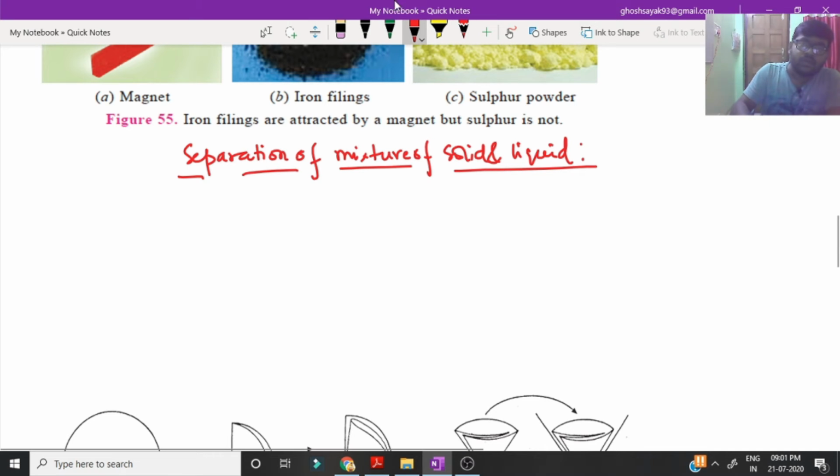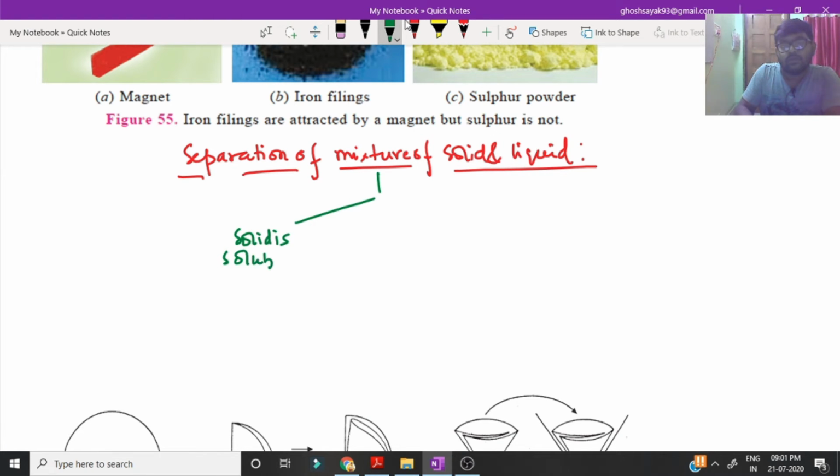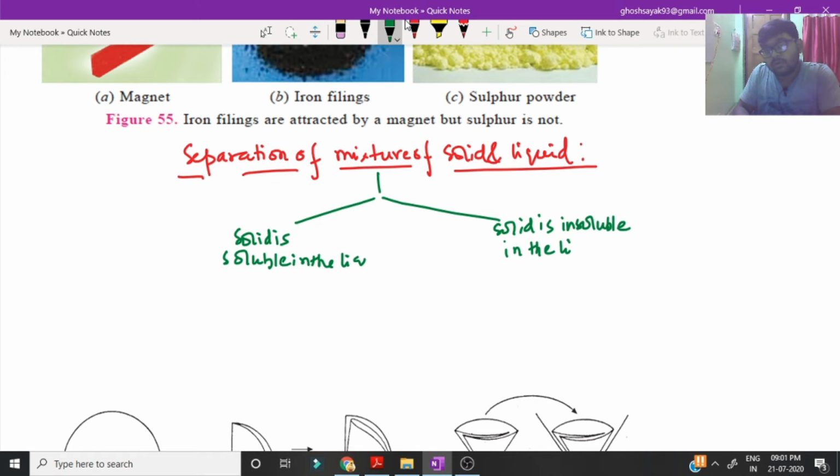For example, we will get a type of mixture where the solid is soluble in the liquid, right? You can get a different kind of mixture where the solid is insoluble in the liquid, right? Example of the first category: sugar in water, salt in water, etc.